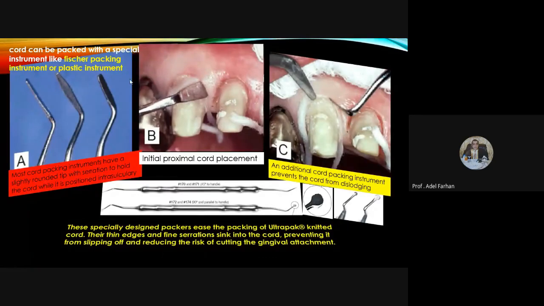Most of the time during your work, you need 2 instruments. One packs and one holds the cord. Okay, مثل ما نشوف, one is going to pack the cord and another holds, so that when you pack this area, it's going to prevent displacement of the cord from the other. Most of the time, this is the specially designed instrument اللي هي Fisher packing instrument, okay, from Ultra Pack company.